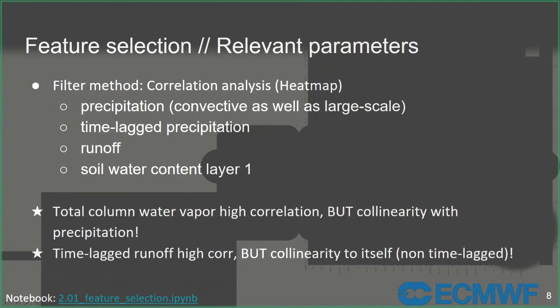So due to this collinearity, we dropped the total column water vapor, keeping the precipitation instead. And time-lagged runoff was correlated to the runoff itself, so we dropped that as well.